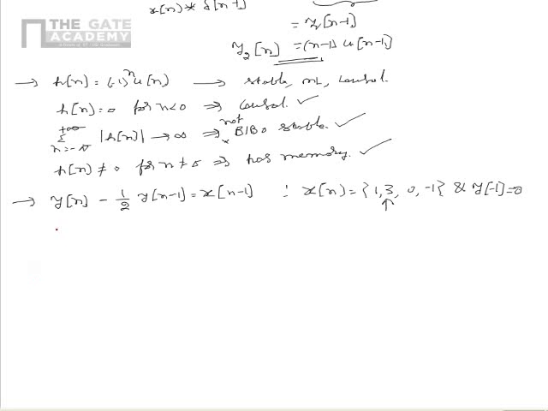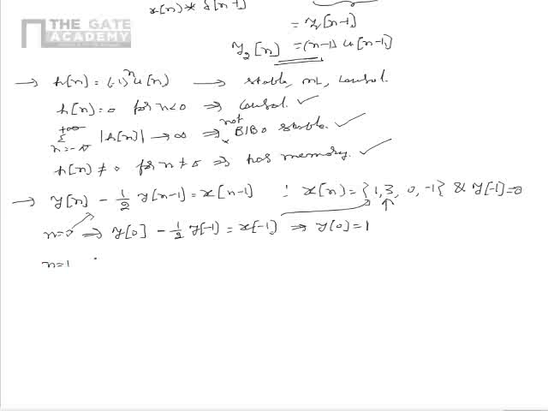For finding y of n, first substitute n equal to 0. It is given that y of minus 1 is equal to 0. By substituting n equal to 0 in the LCCDE, we see that y of 0 minus half y of minus 1 is equal to x of minus 1. But x of minus 1 is 1. So y of 0 is equal to 1.